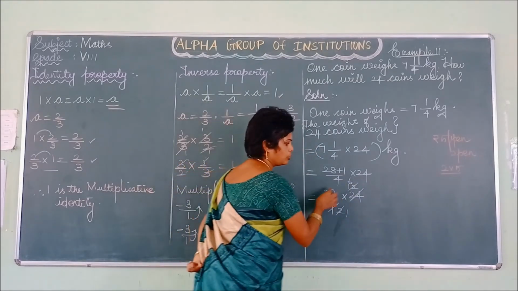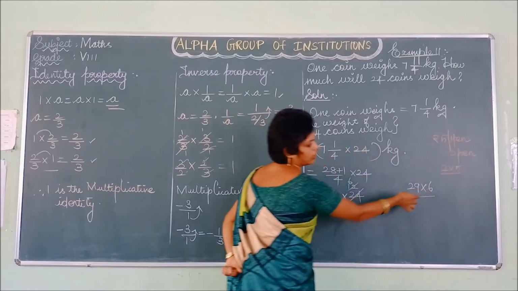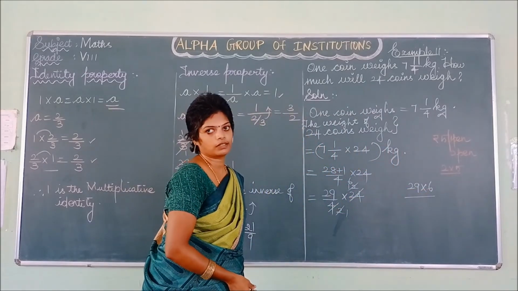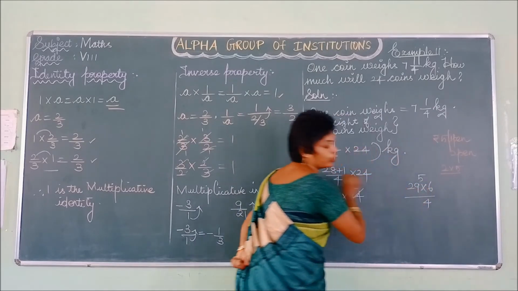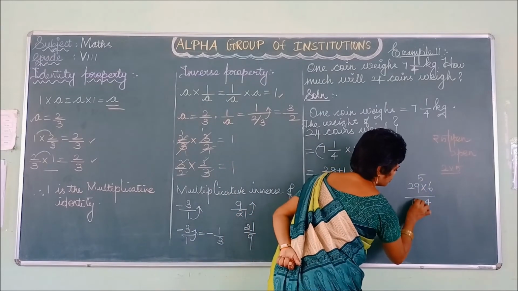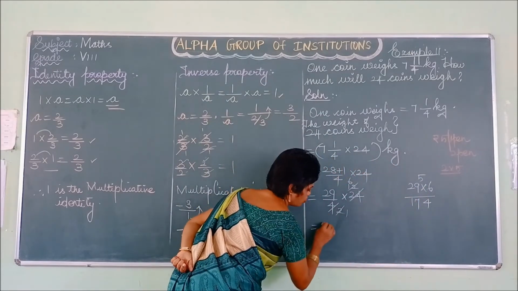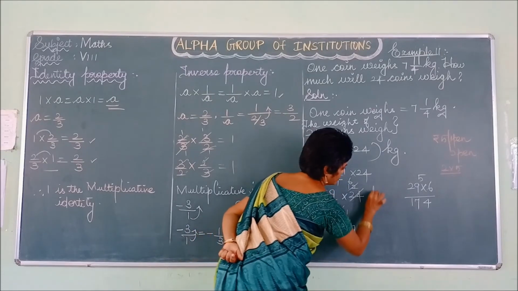So what is 6 into 29? 9 into 6 is 54, balance 5. 2 into 6 is 12, 12 plus this 5 is 174. So what is your answer? 174 grams is your answer.